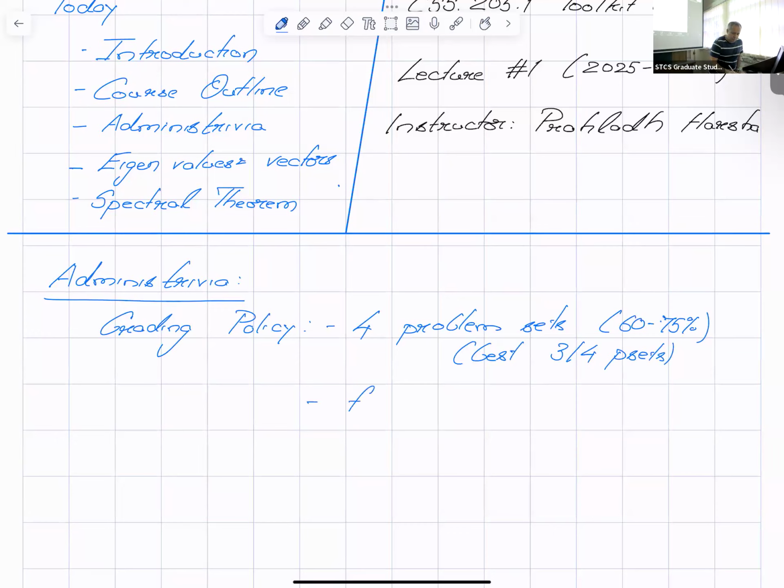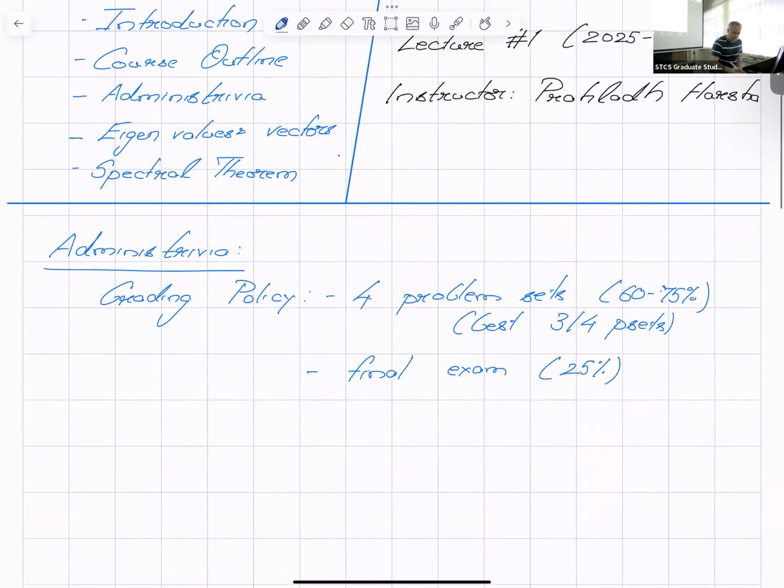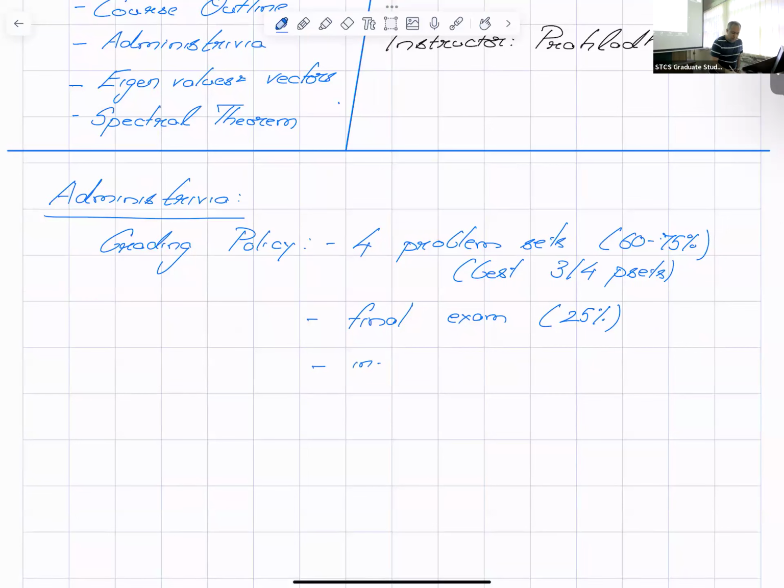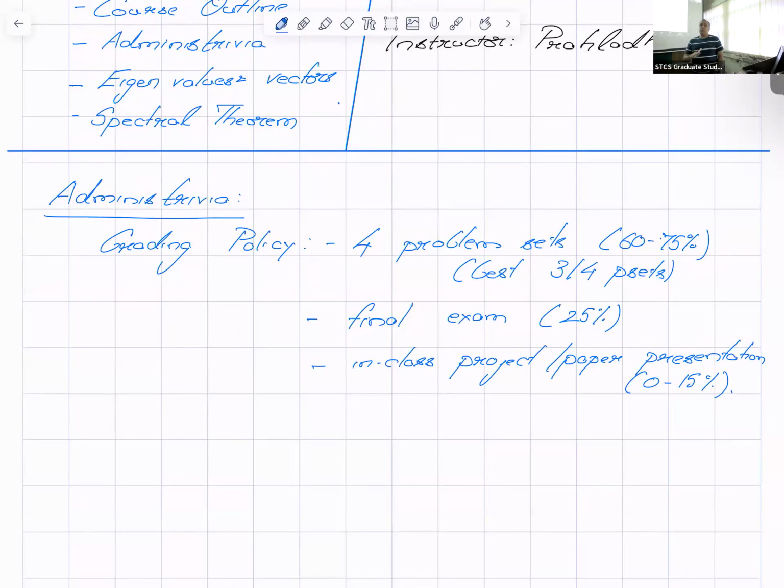There will be a final exam, which will contribute 25% of the grade. In-class participation or projects, we haven't yet decided what we're going to have. This might be a paper presentation, and it will be between 0 to 15%. That's going to be the breakup of grades. Any questions on logistics before we get into the technical aspects?